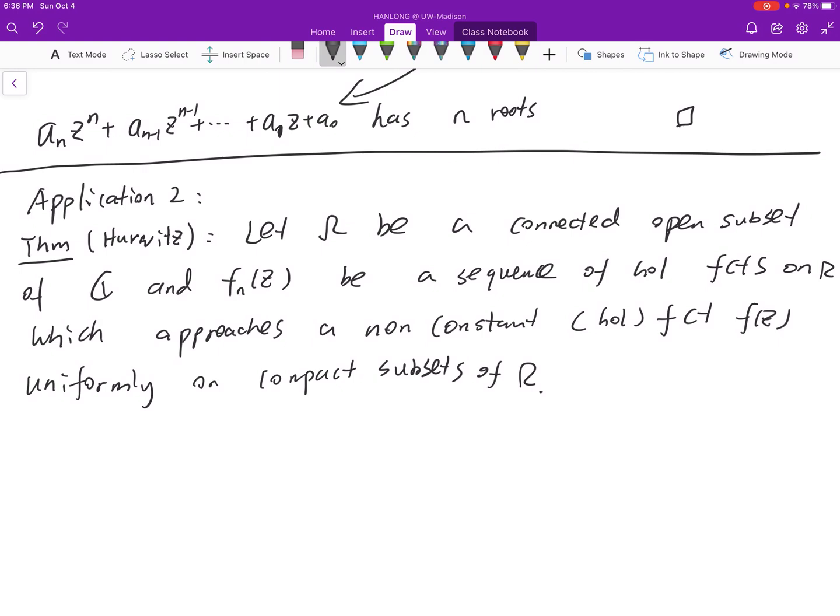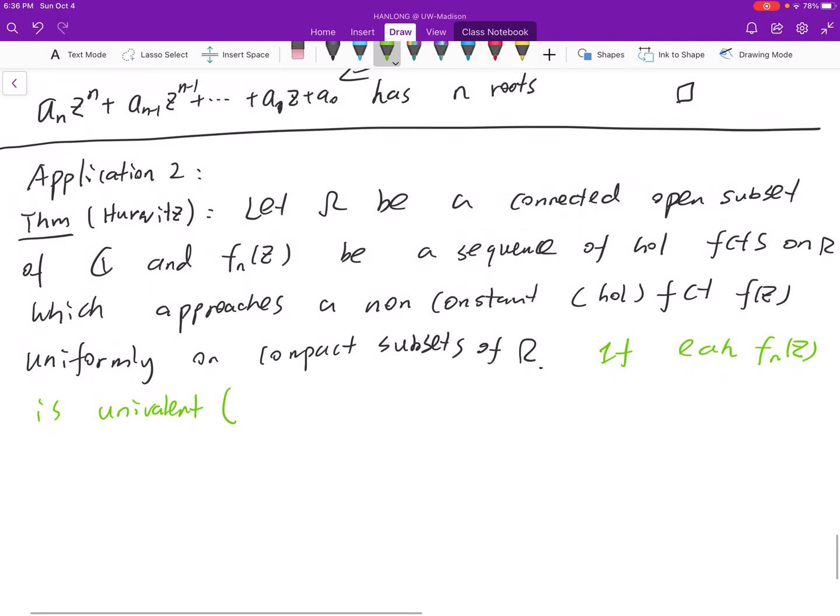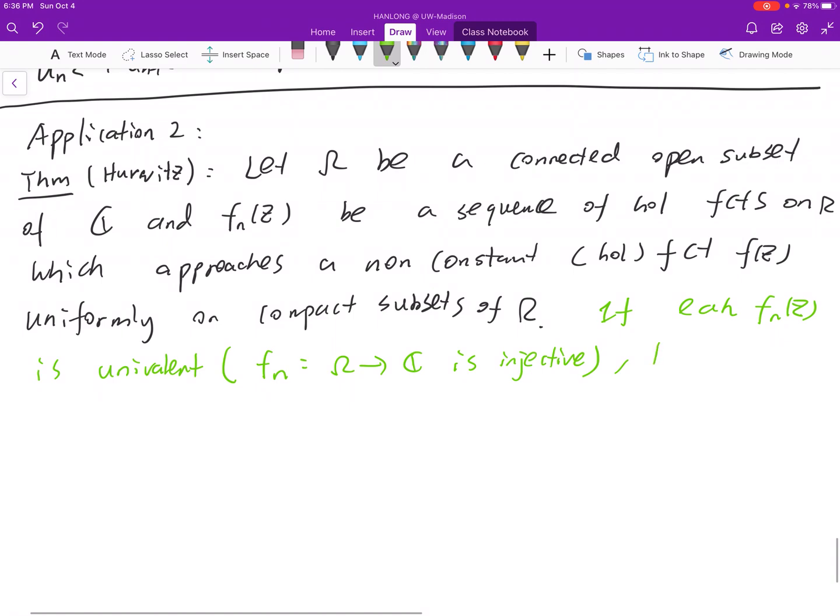Okay, so here, if each f_n(z) is univalent, a notion which in more modern language is that f_n is injective, then f(z) is also univalent.